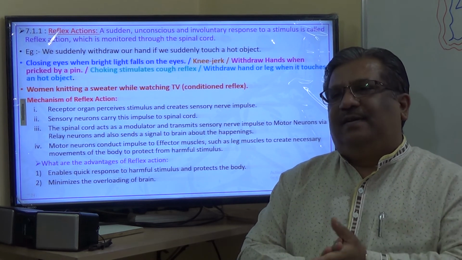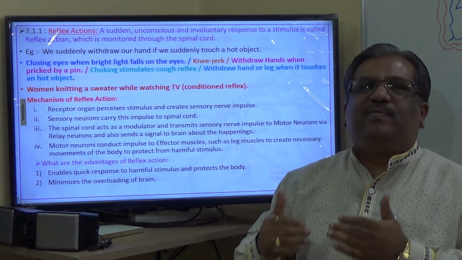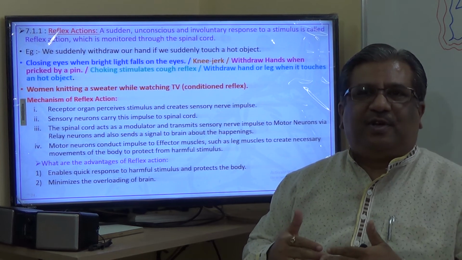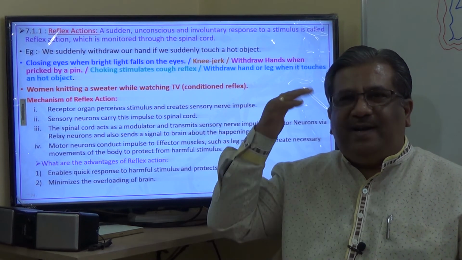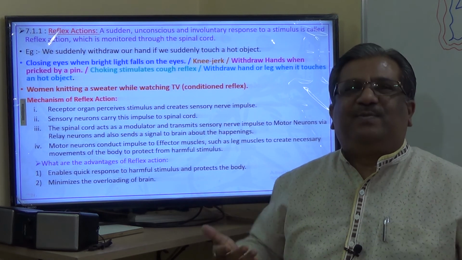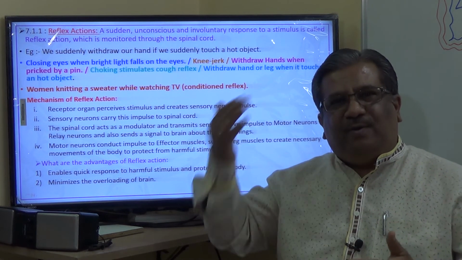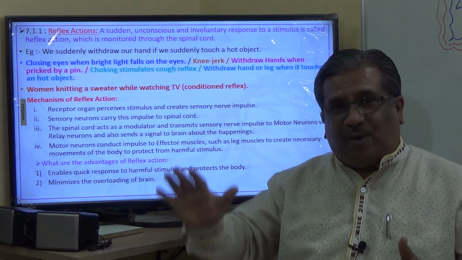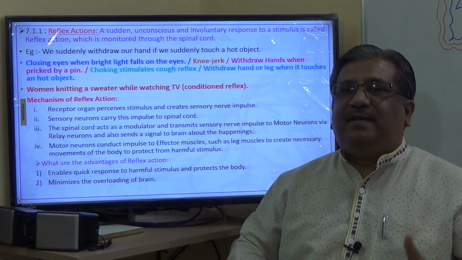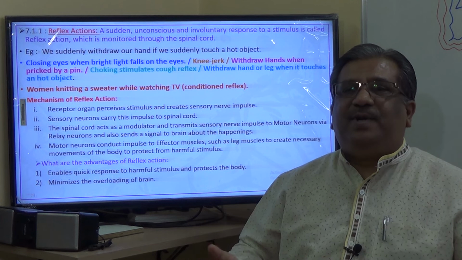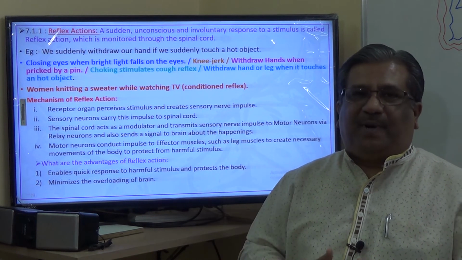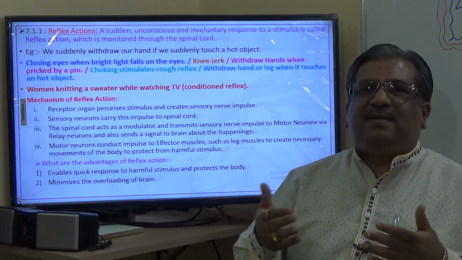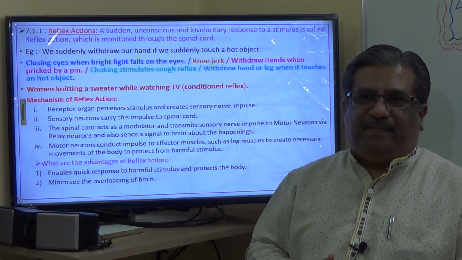What is making our response so fast that the brain doesn't know that the action has been taken? By the time the brain knows that it is hot, the action has already been taken. Which action? Pulling the hand out of the hot plate. So this is called a reflex action.